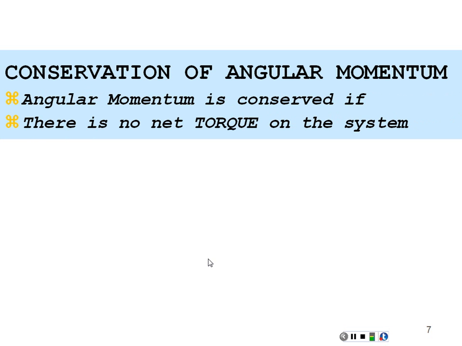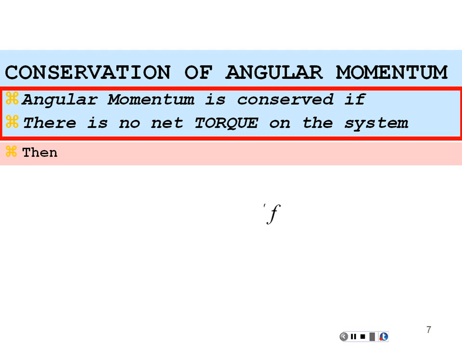Angular momentum is conserved if there is no net torque on the system. If there's no external net torque on a system, the angular momentum of that system will be conserved. So we would say our initial angular momentum equals our final angular momentum.